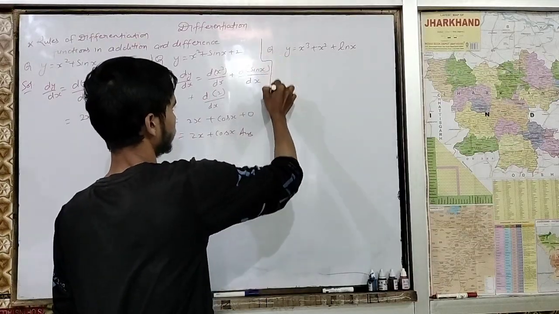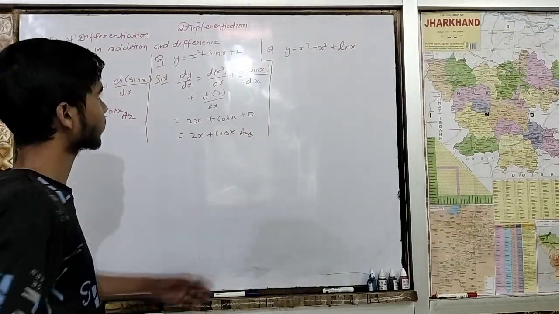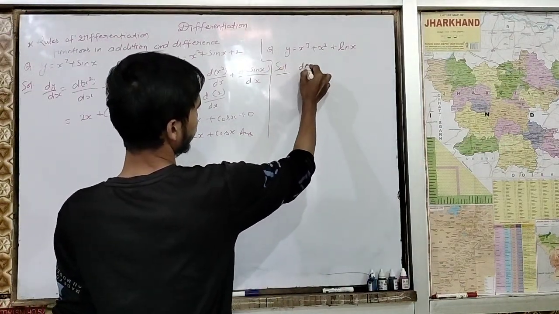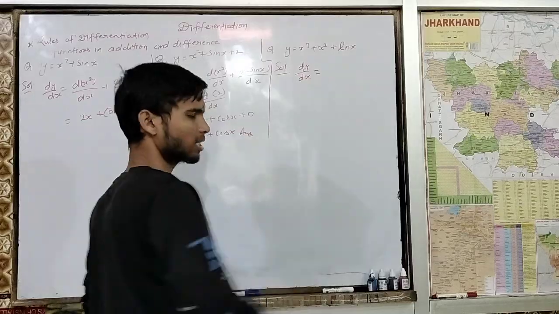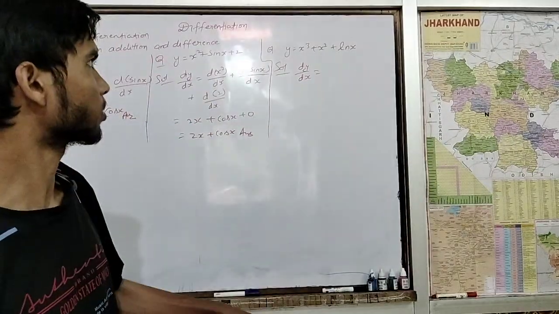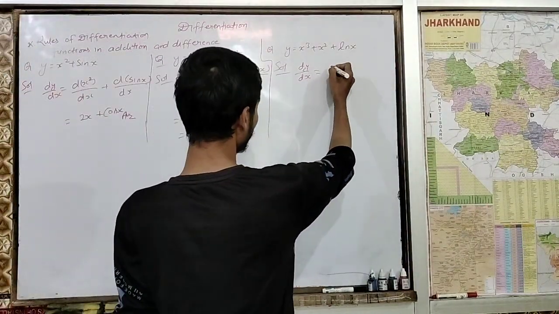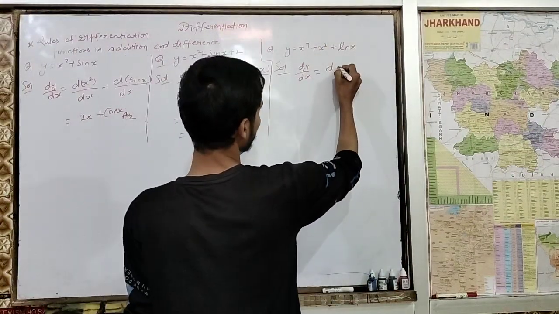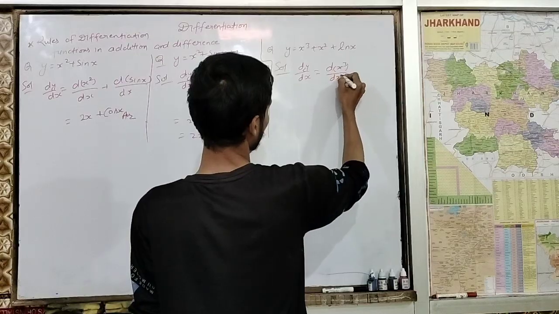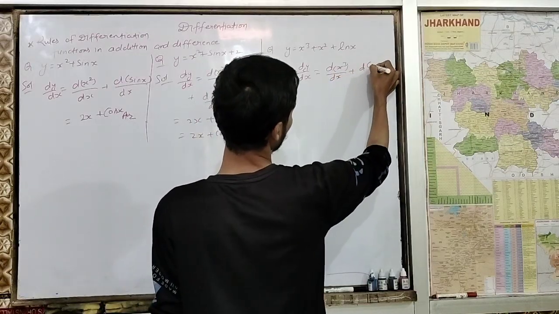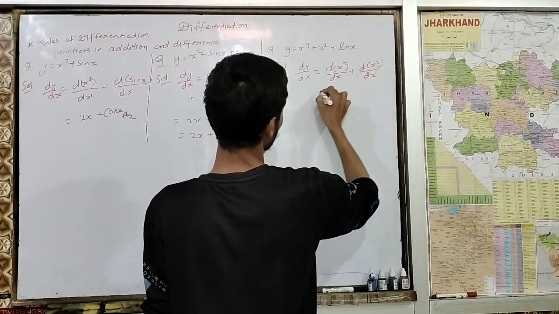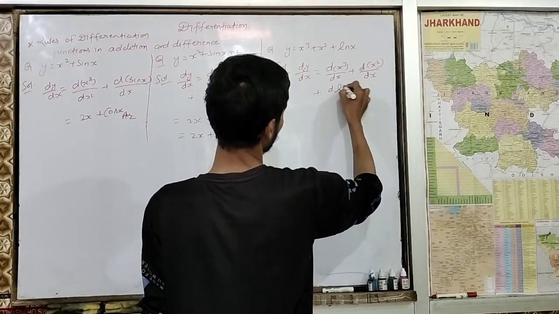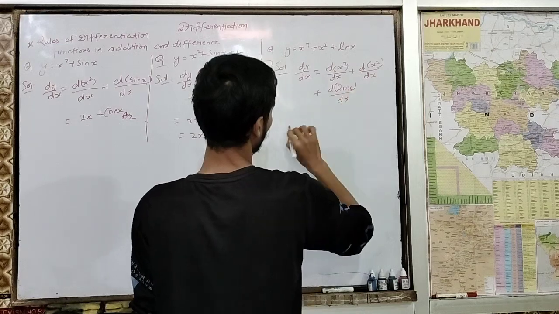Now next we have this question, dy upon dx. This is the correct way to write the steps. Differentiation of x raised to power 3, and then differentiation of x raised to power 2, then differentiation of ln x upon dx.